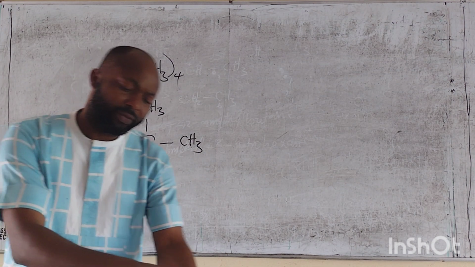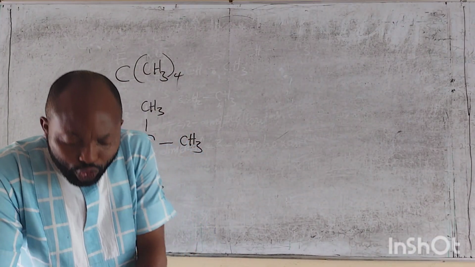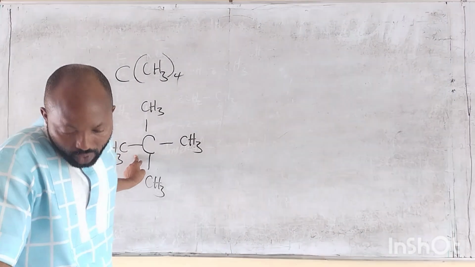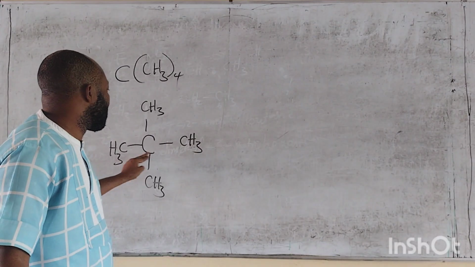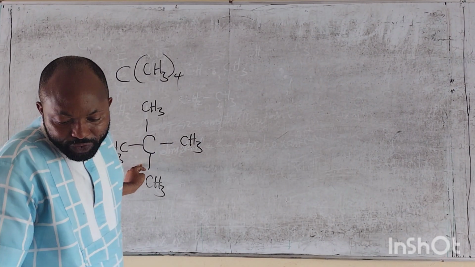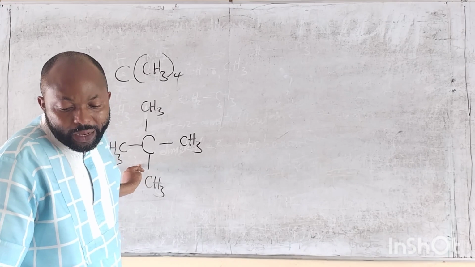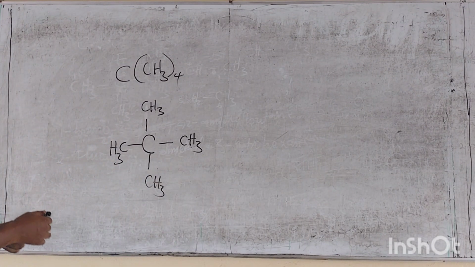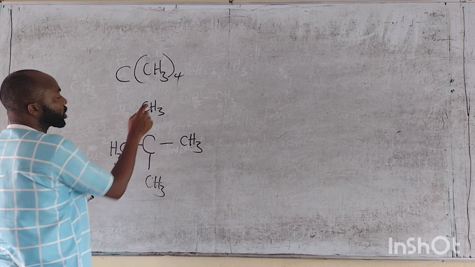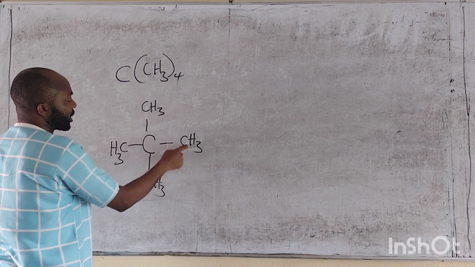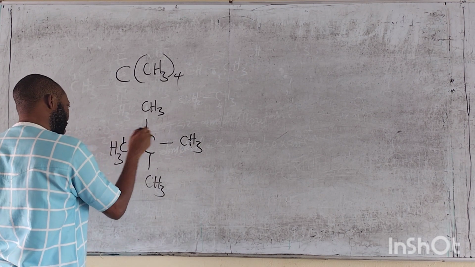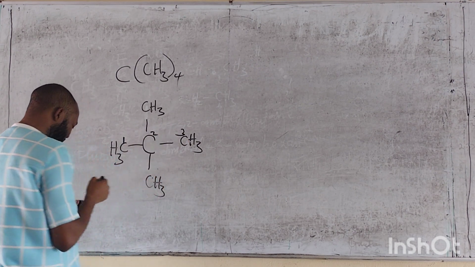The question here says that you should write the structural formula, which is this now, all right? Showing all bonds, all of the bonds are visible, and the IUPAC name of this compound. Now, what is the IUPAC name? If I count from here, 1, 2, 3, 1, 2, 3, 1, 2, 3. Either way, they are all 3. So I just call it 1, 2, 3.